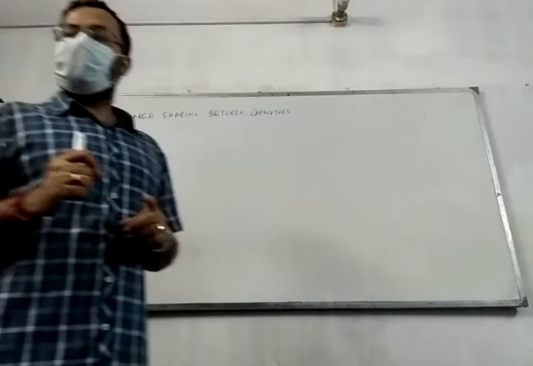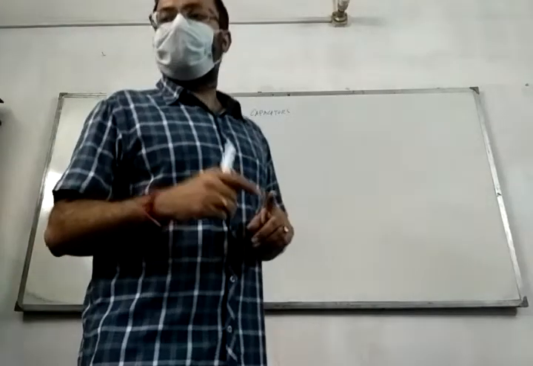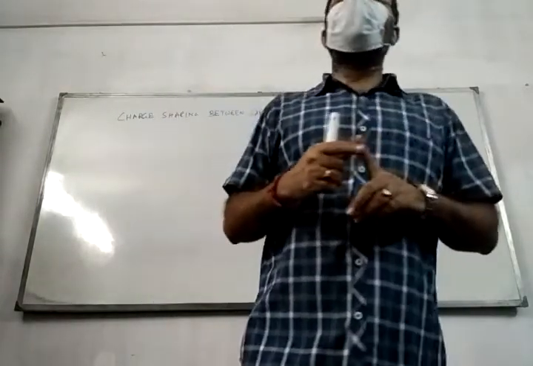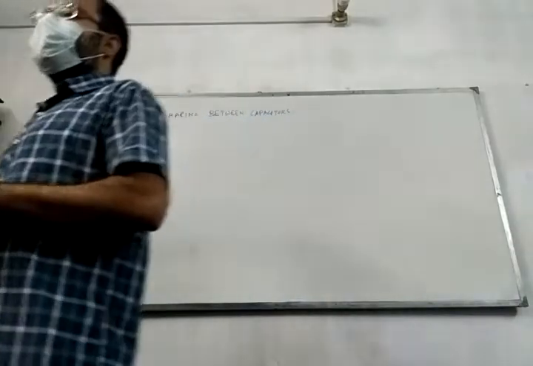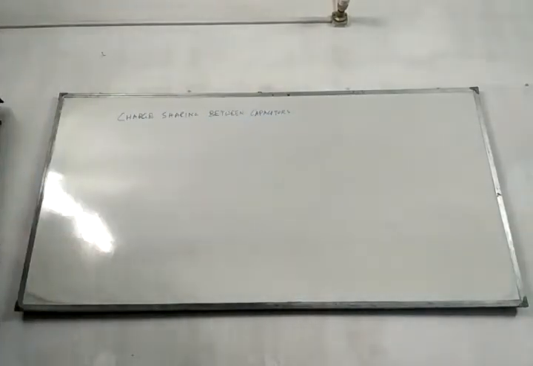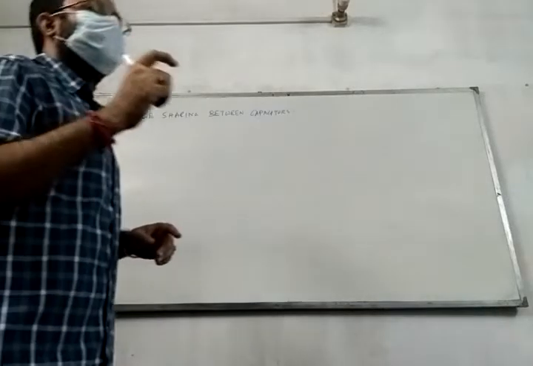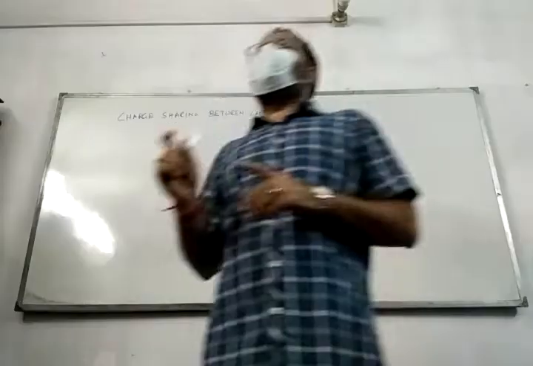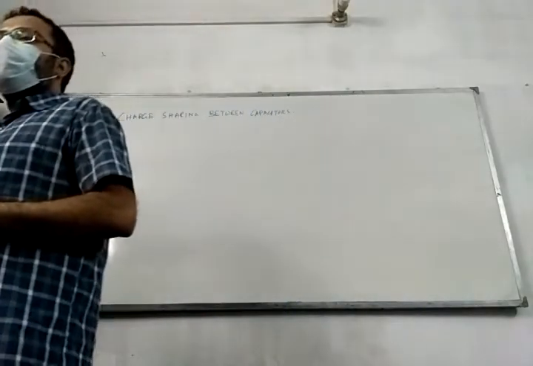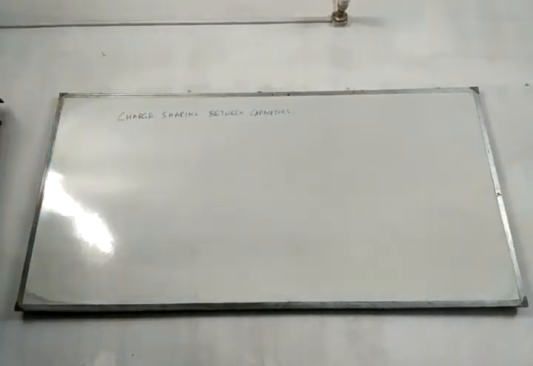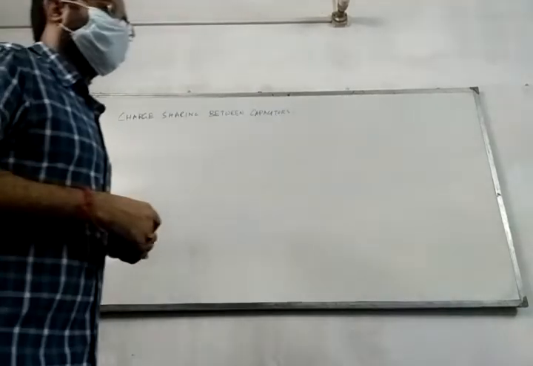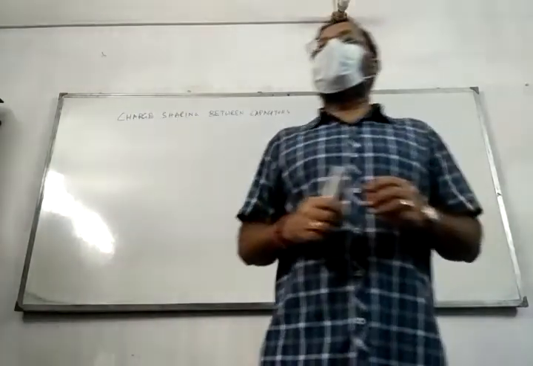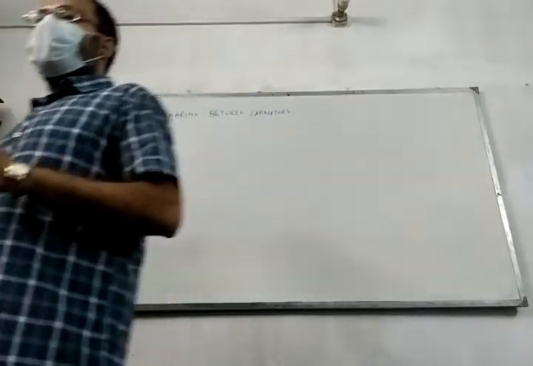Another capacitor of capacitance C2 is charged across a potential difference V2 and disconnected from the source.